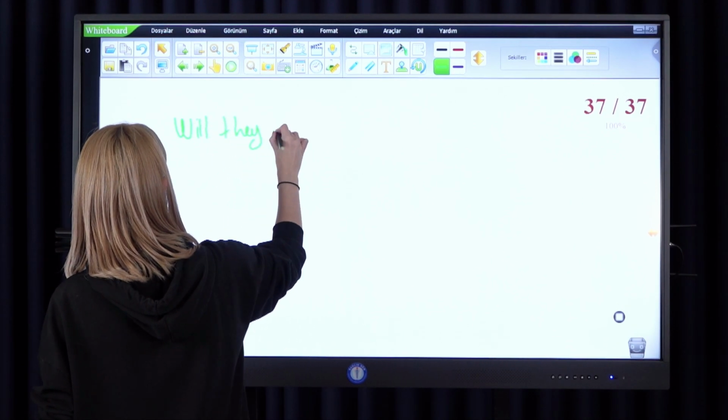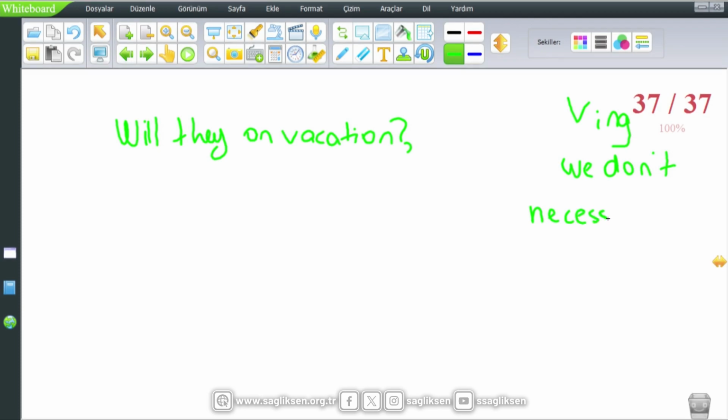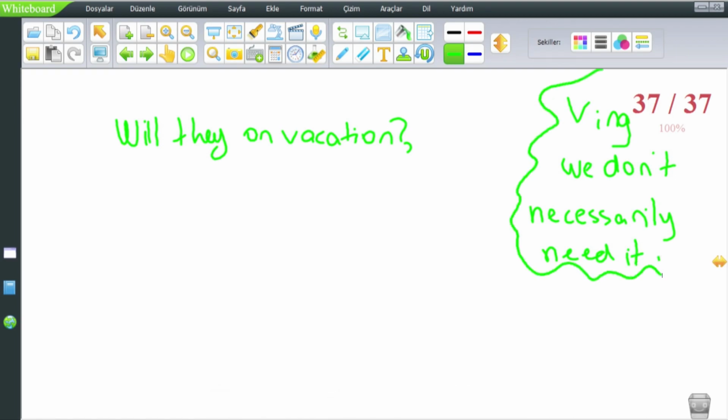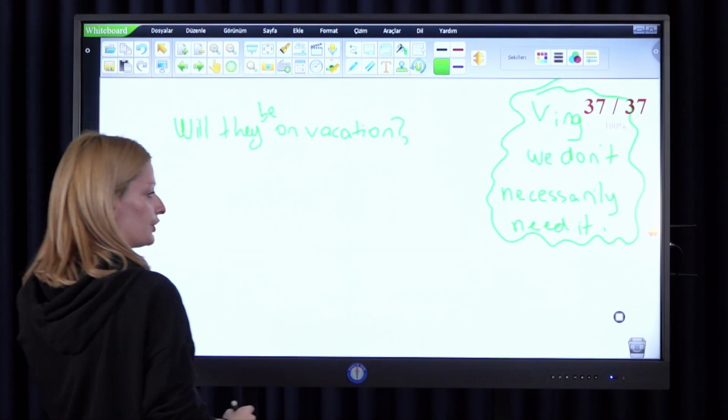Again, an example that we don't necessarily need a verb-ing to give the meaning of progressive or continuous tense. So, will they be on vacation?